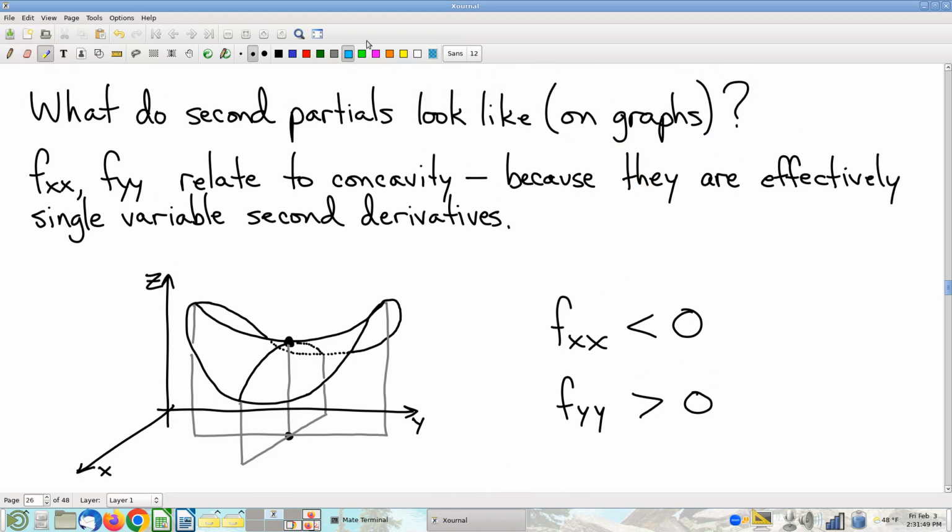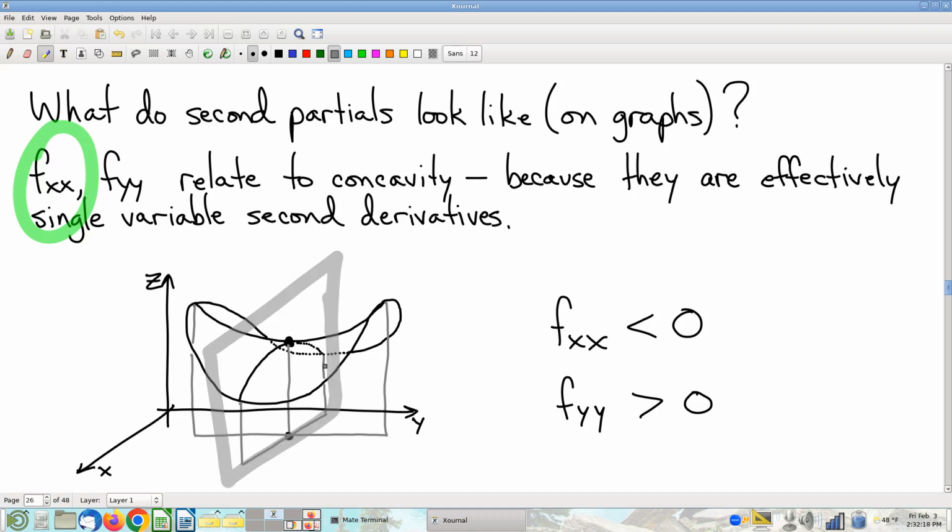And we start with some good news. If you're talking about the unmixed second partials, like f_xx, for example, we're taking the x partial of the x partial. That's exactly what you think it is. For both of these partial derivatives, y is being treated as a constant. That means that for the entire calculation of f_xx, y is a constant.